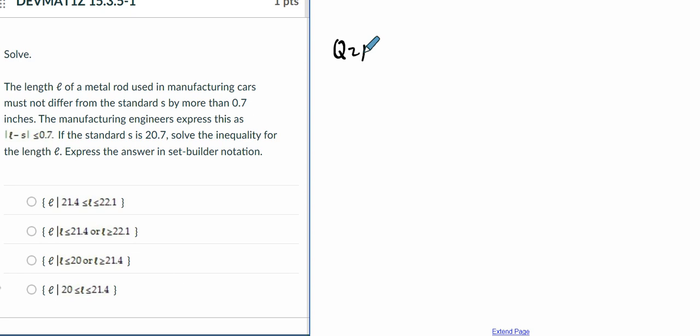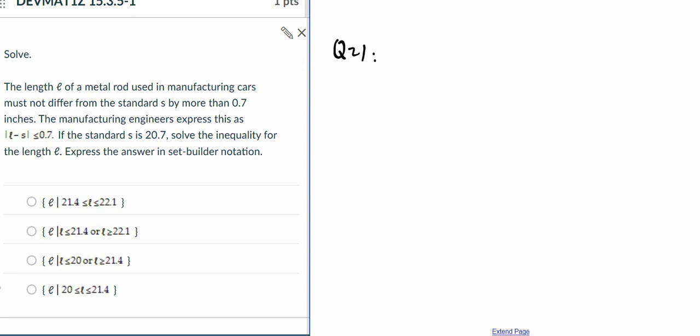Here, L means length. Length L of a metal rod used in manufacturing cars must not differ from the standard deviation S. At this moment, probably you do not know the meaning of standard deviation, but later on you will know, in Math 120.